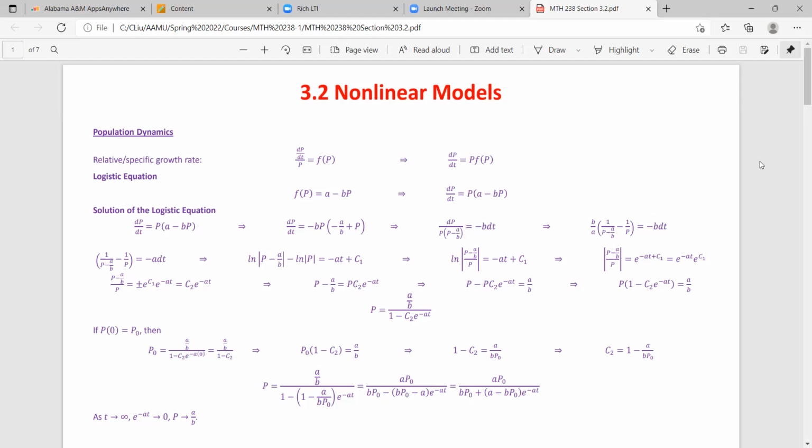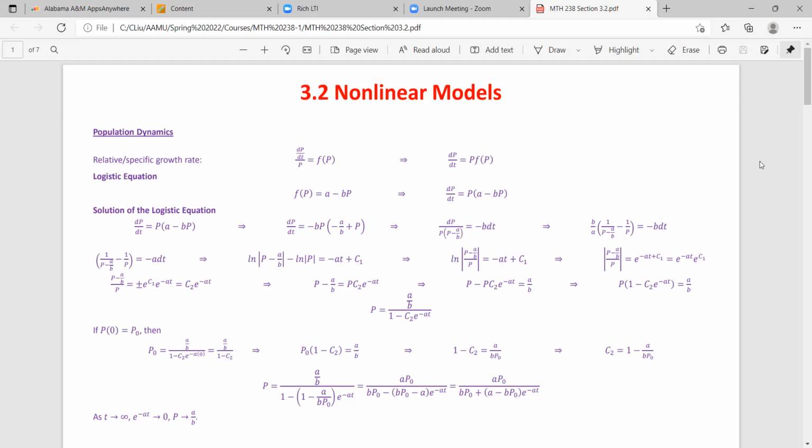Now, what you do, you can again use partial fraction decomposition, if you remember what we did before, or you learned in Math 112 maybe.